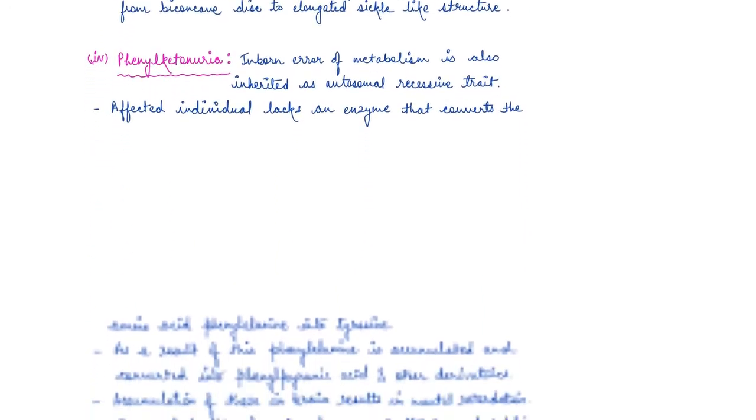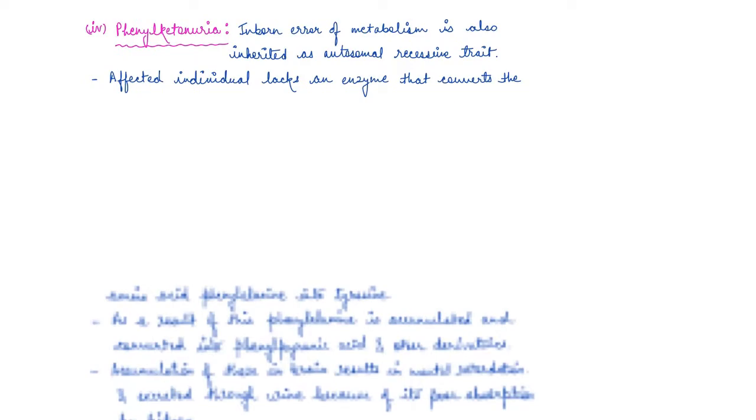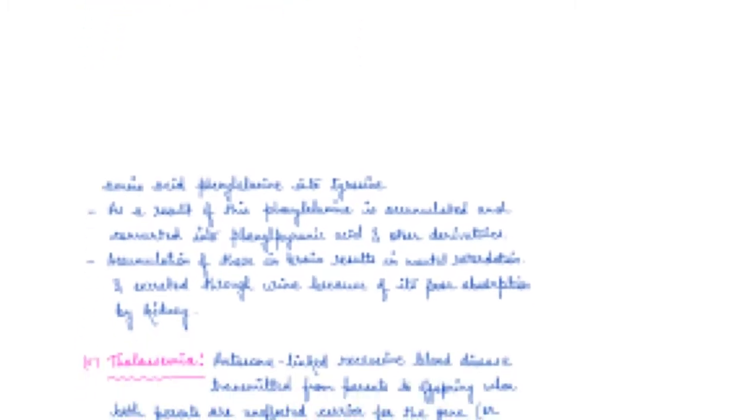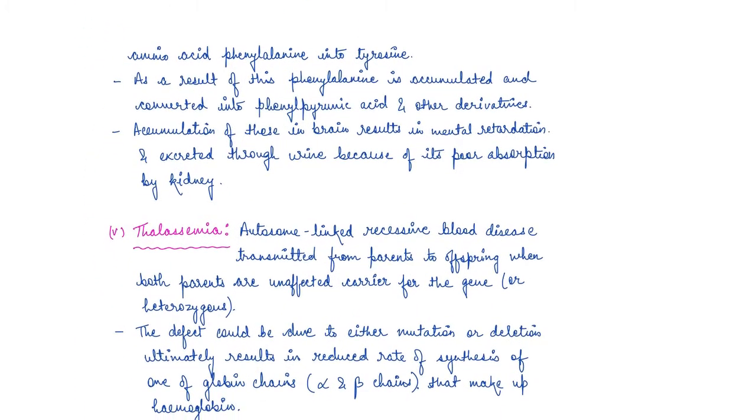Now, the fourth type of Mendelian disorder is phenylketonuria. It is again an inborn error of metabolism, and it is also inherited as an autosomal recessive trait. Here what happens is that the affected individual lacks an enzyme that converts the amino acid phenylalanine into tyrosine.